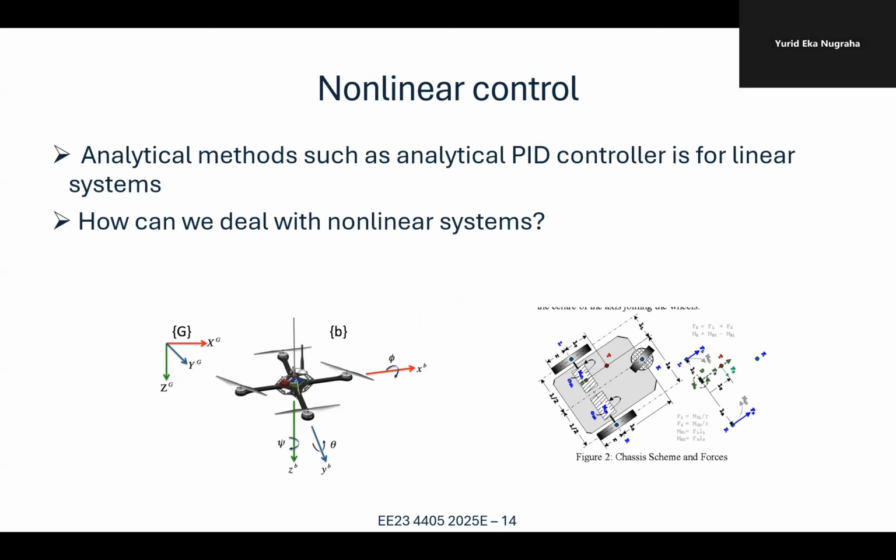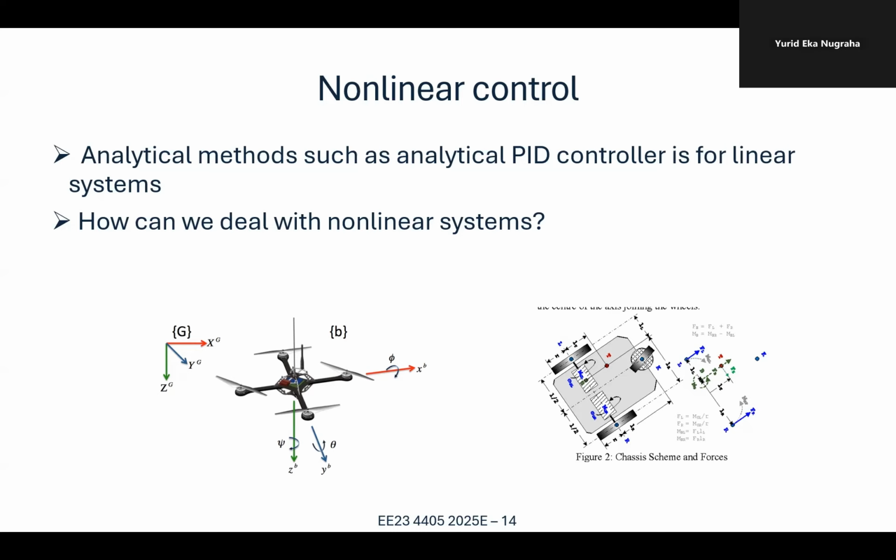As I have mentioned before, many systems are nonlinear and they cannot be perfectly controlled with a linear model, as we do not have a guarantee of stability or performance.